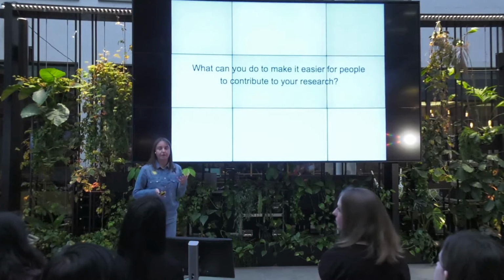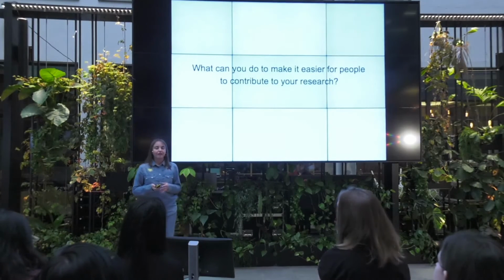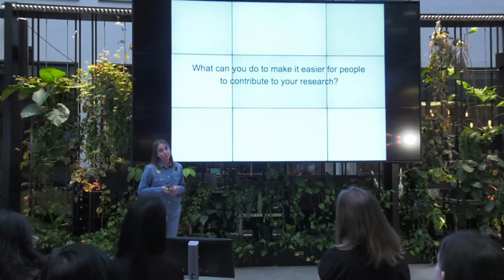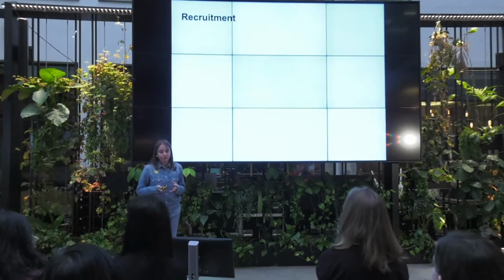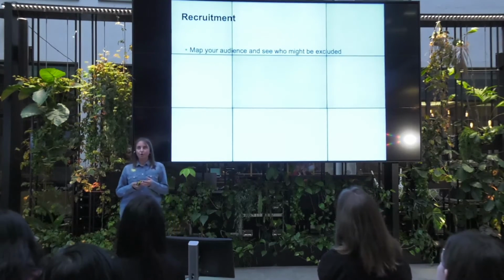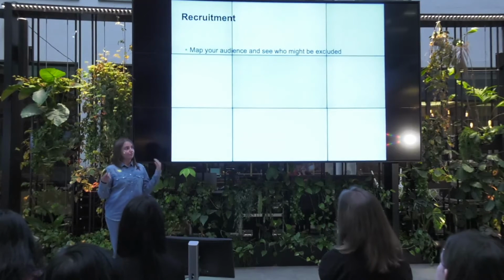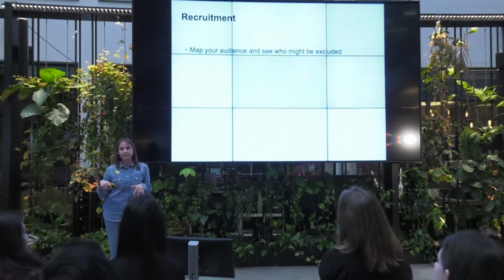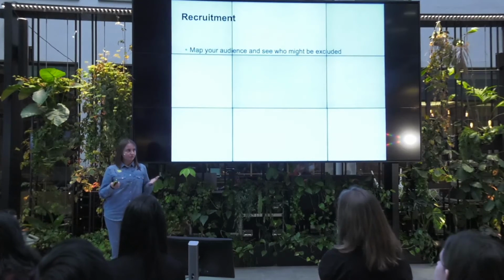We have to discuss how we make it easier for people to contribute to our research. So thinking about recruitment, a good place to start is to map your audience and see who might be excluded. Again, if we go back to this first slide, just ask the question: are we excluding anyone?